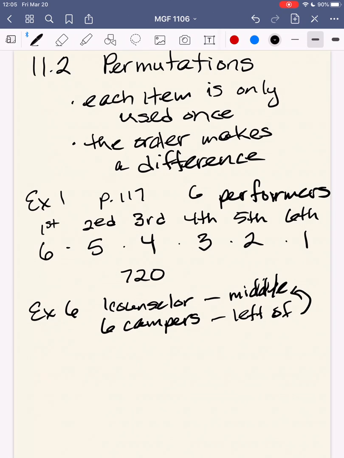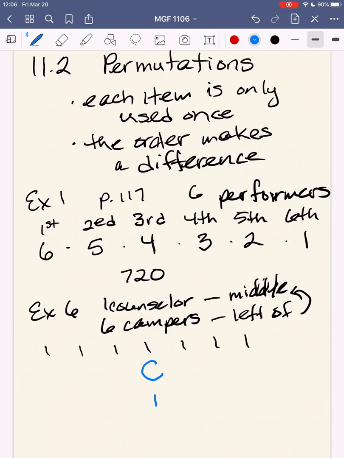So here we could think of it like this. I have a total of 7 people and 7 places. The counselor must sit in the middle, so right here in the middle should be our counselor. That's only one choice.